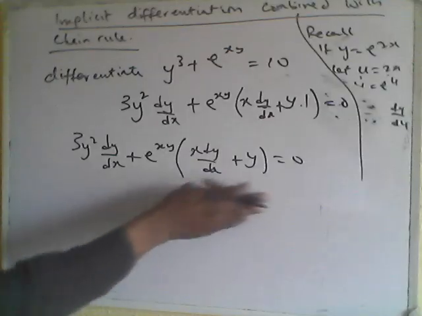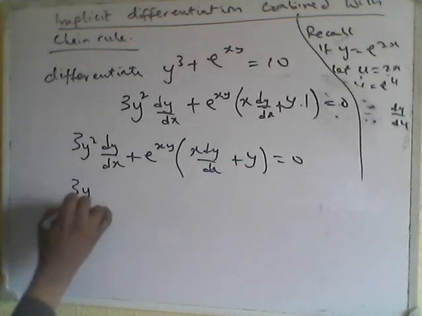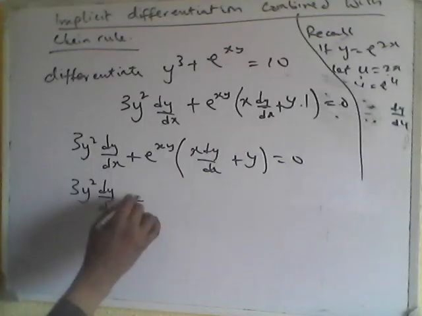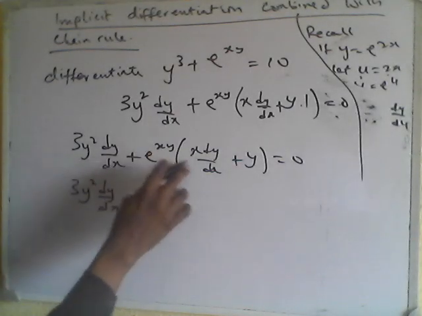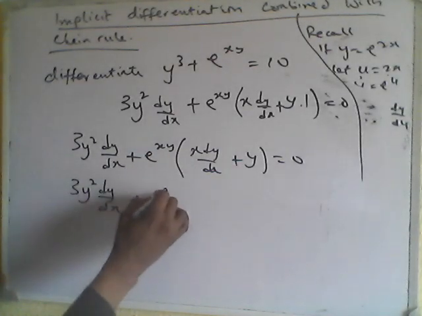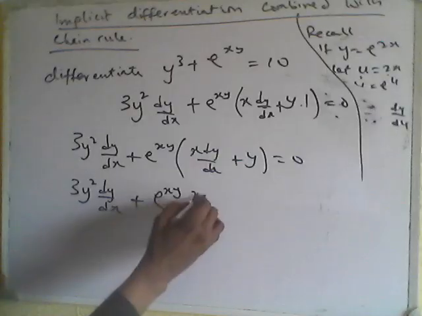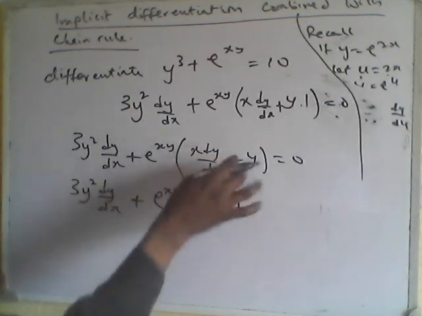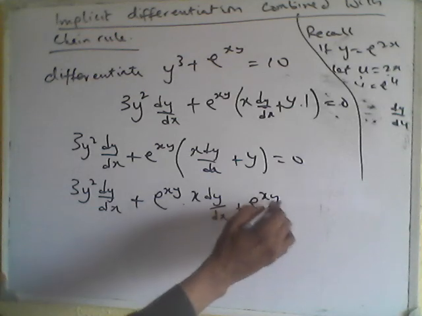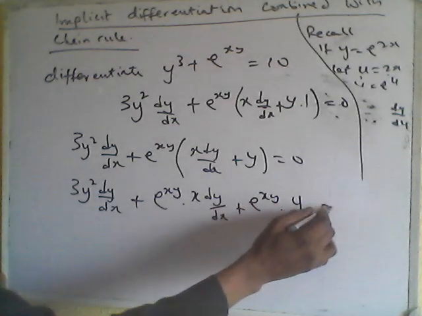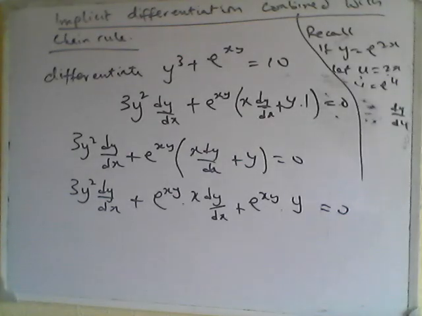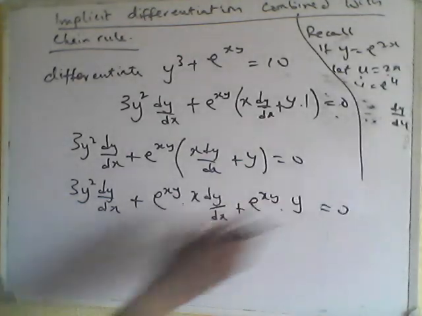So I'll open this bracket up. I say 3y squared dy/dx, plus exponential xy times this, I'll get exponential xy times x dy/dx, plus this times exponential xy times y, equals 0. So I have these two terms with dy/dx. I can factorize. The other one will go to this side and I factorize this side.